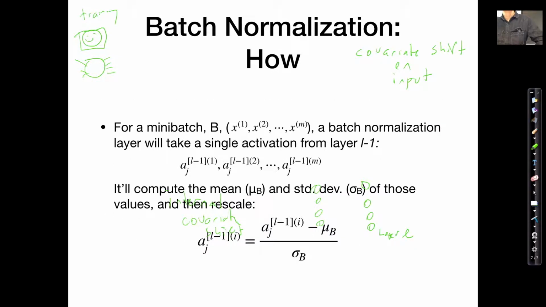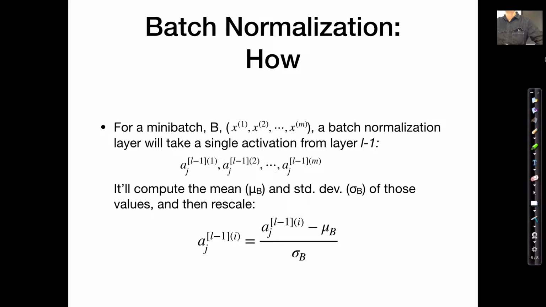All right. So what are we going to do? We're going to, for a given mini batch, and the mean and standard deviation only really makes sense within a given batch that we're dealing with. So within the mini batch, x1 through xm, we're going to take a set of activations from the previous layer, and we're going to normalize them, just as if we were normalizing inputs.